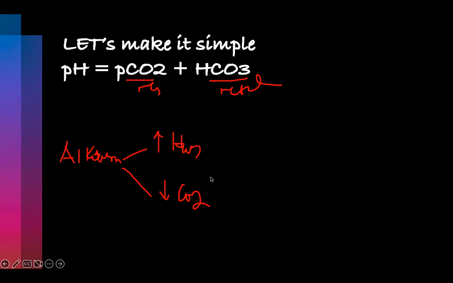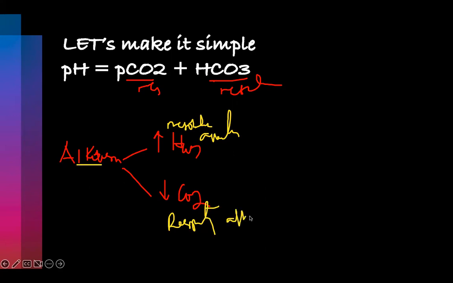Okay. Now, we already know that bicarb is metabolic, and this is alkalosis. So this becomes metabolic alkalosis. You just put it in words there. I'm just describing alkalosis. I know CO2 is always respiratory, whether it's down or high. I don't care. CO2 is respiratory, right? And it's alkalosis because it's down.